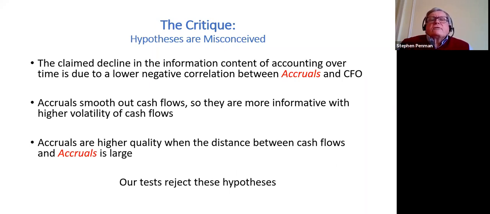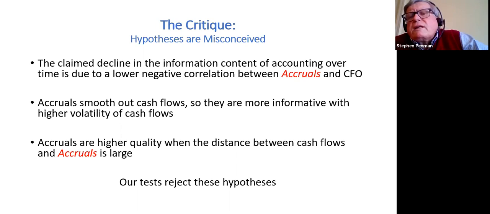So the idea is to define accrual quality by this correlation between accruals and cash flows. And a lot of the papers say, well, look, it seems like there's been a decline in the quality of accounting over time, with lower R-squareds on returns and so on. And they try to attribute this to a lower negative correlation.